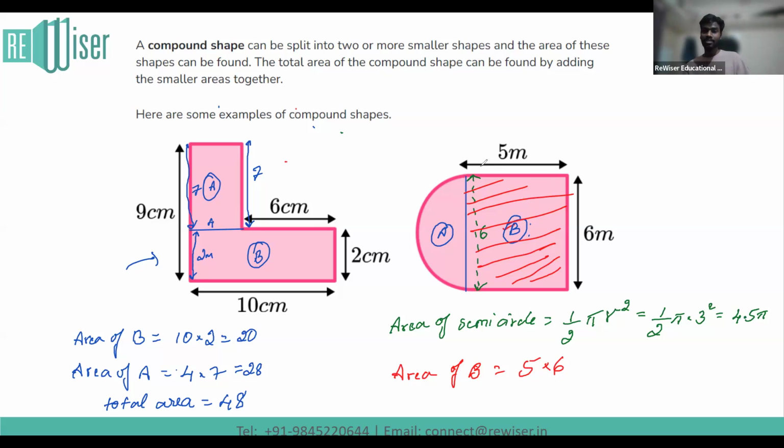Square means it has to be 5 and 5, all four sides must be the same. But here, all four sides are not the same. One side we have as 5 and the other side as 6. So whenever the side lengths are not the same, we say that's a rectangle.